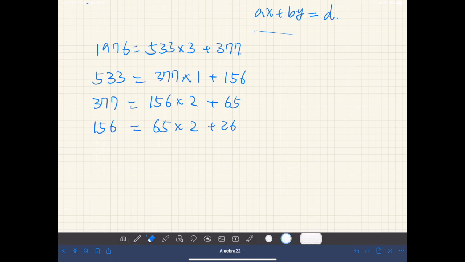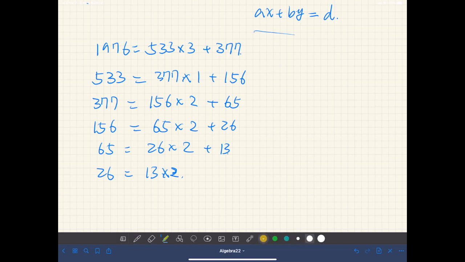And 65 is 26 times 2 plus 13, and 26 is 13 times 2.